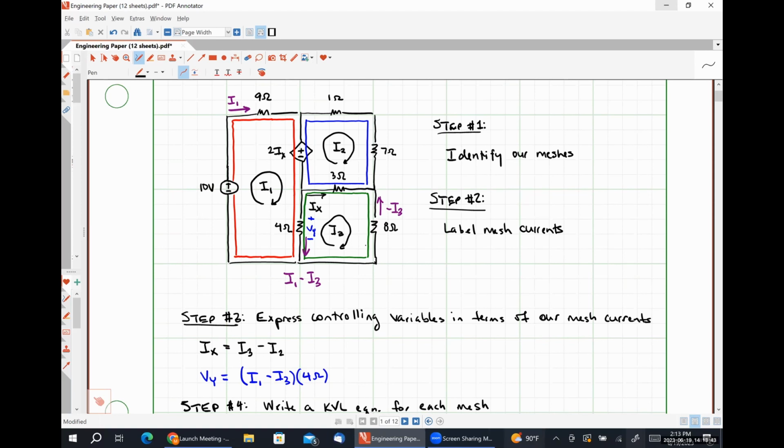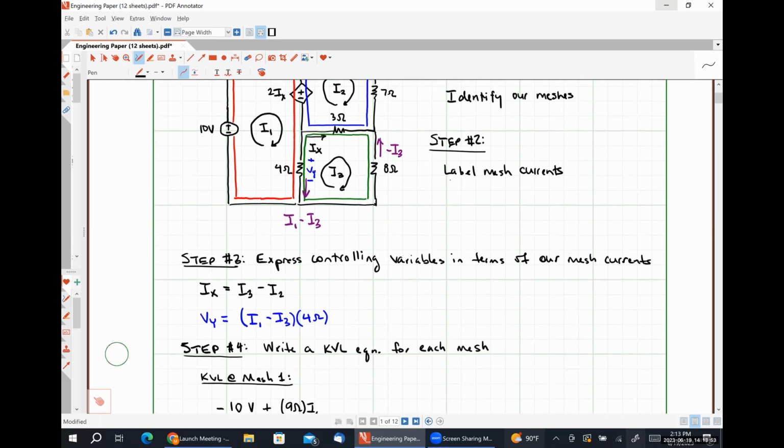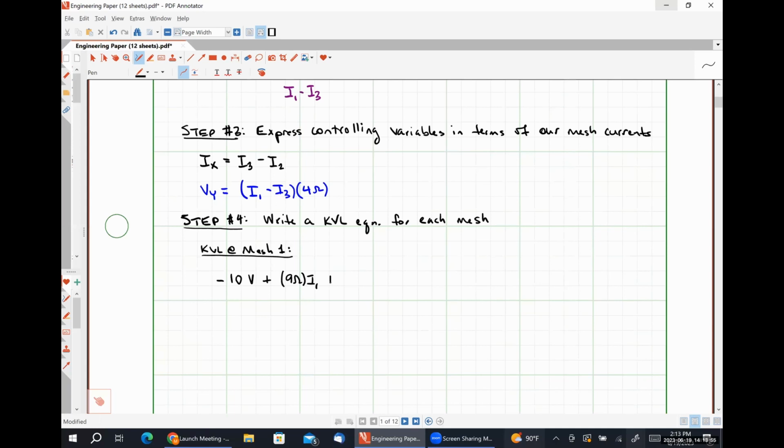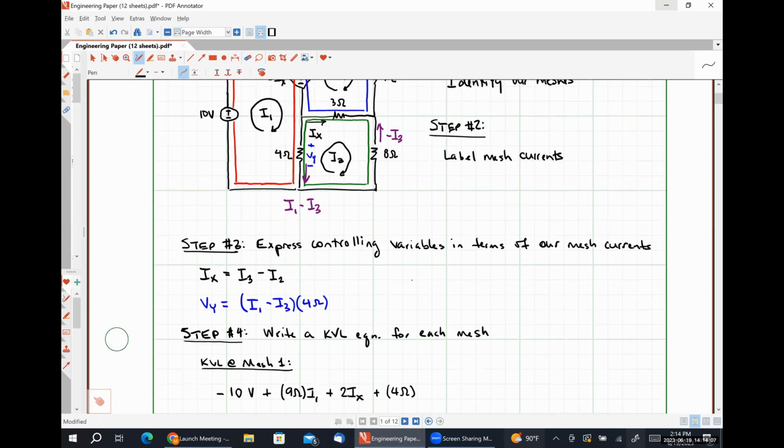The next thing that we're going to see is our current controlled voltage source. We see the positive polarity terminal first. So that's going to be plus 2Ix. And then we see our 4 ohm resistor. So we're looking for the current flowing down.